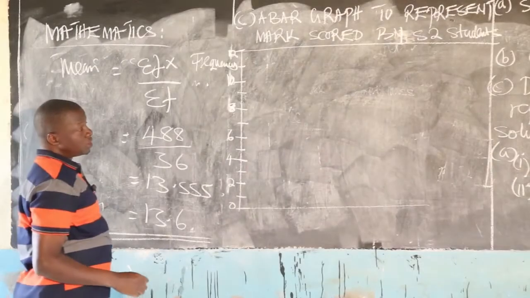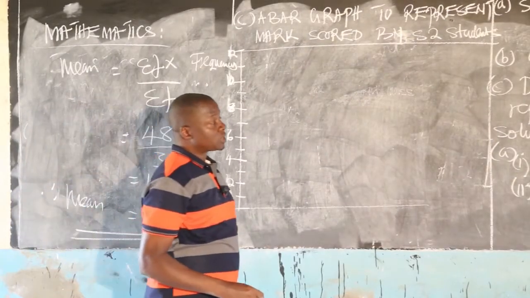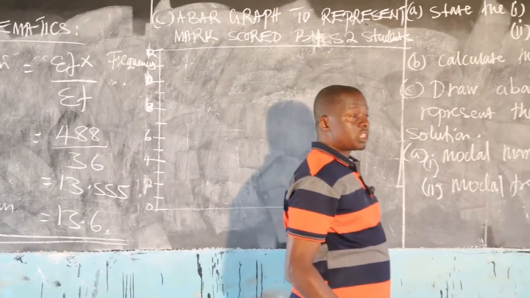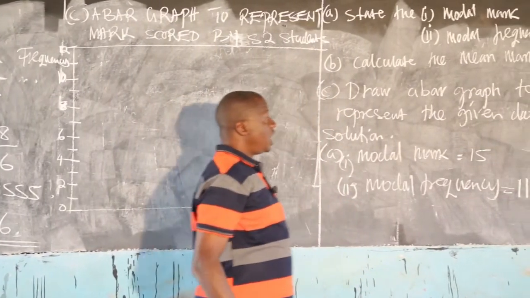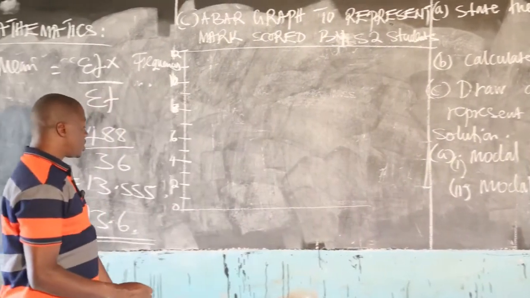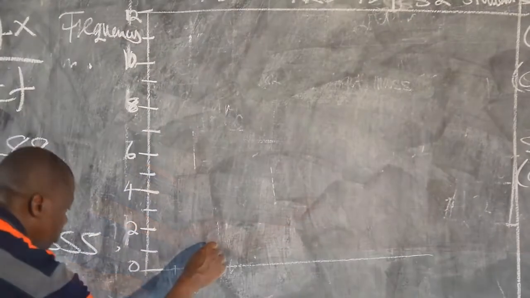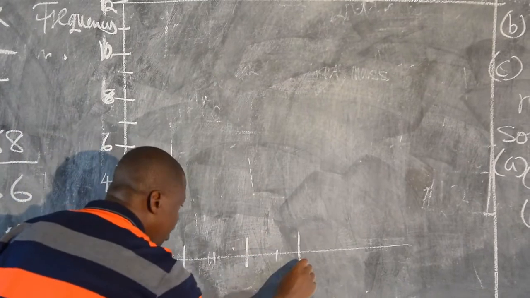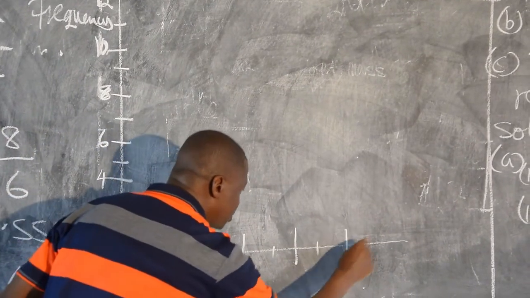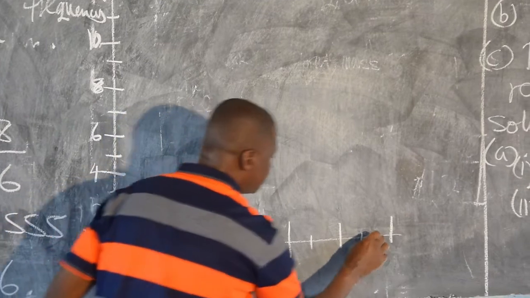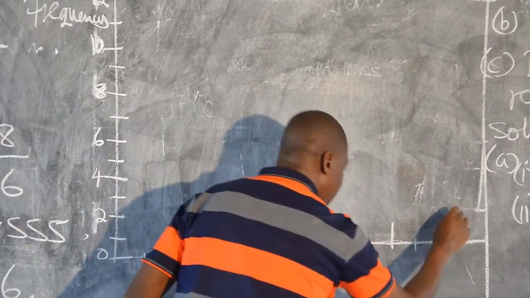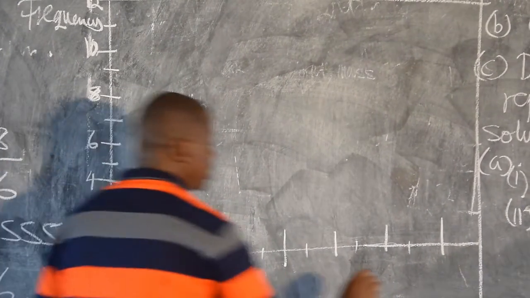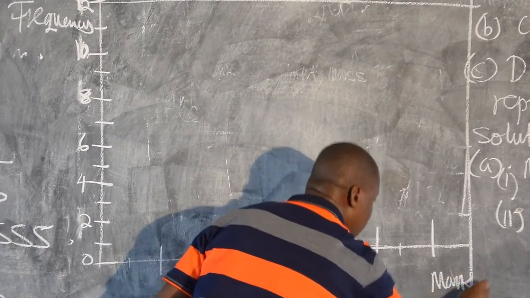Here, when I look at the classes, we have 6 classes. We can use 1 centimeter or 2 centimeters. Allow me to use 2 centimeters in this arrangement. That is 1, 2, 3, 4, 5, 6. These are supposed to be marks.